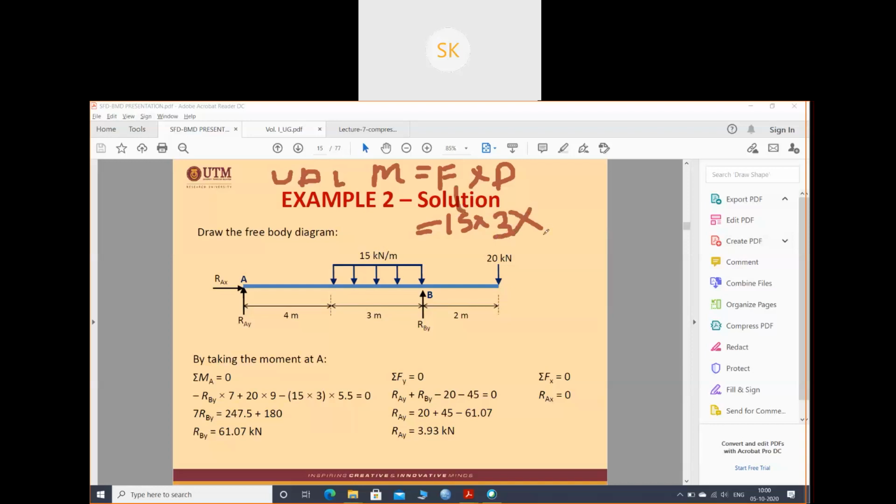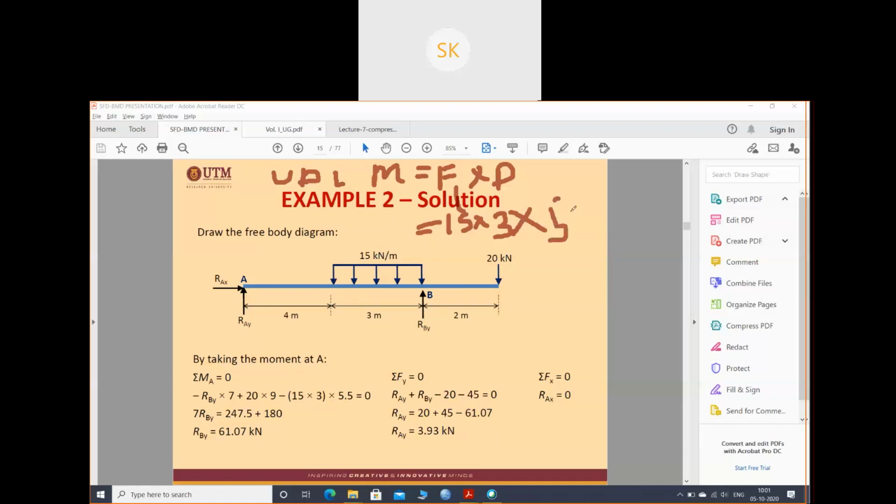Now the distance. You are finding moment about B, right? So distance of this UDL: you cannot take 4 plus 3, 7, because this UDL is acting at 4 also and at the middle also, and it is reaching 7 also. That's why we take half of this. So the distance will be 4 plus 1.5, 5.5.